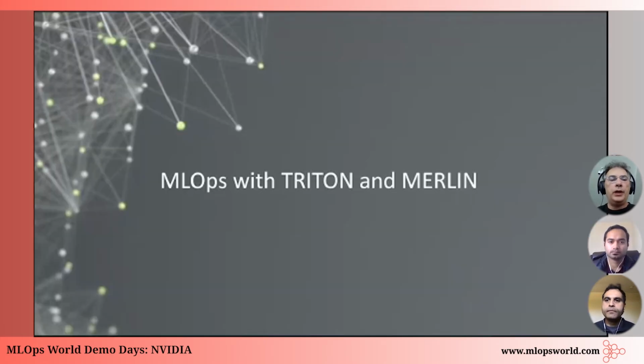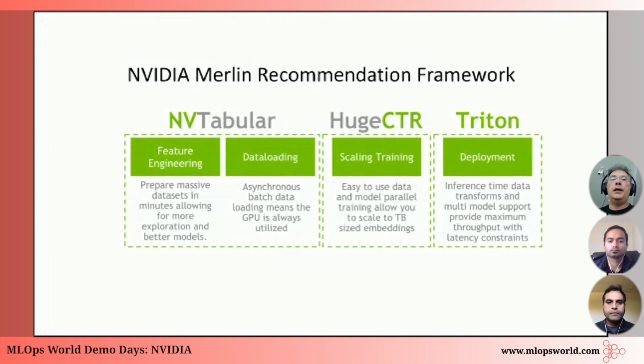The demo we are going to see is part of a bigger system. We integrated a recommender system into an MLOps pipeline. In particular, the recommender system that we are using is based on NVIDIA Merlin. This is not the focus of this session's demo, so I will just give a little introduction on Merlin, because what we want to focus on here is the inference part of the recommender system, which is based on Triton.